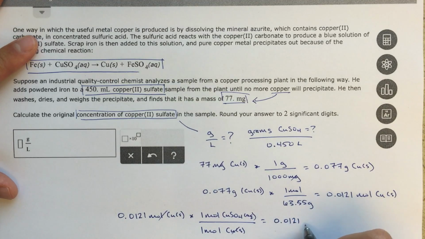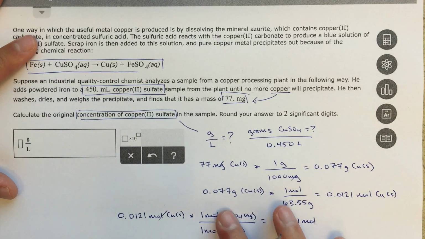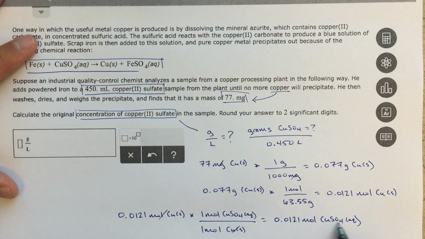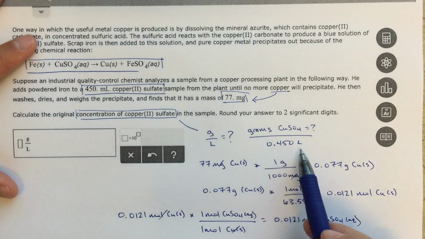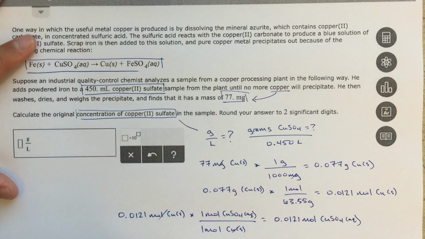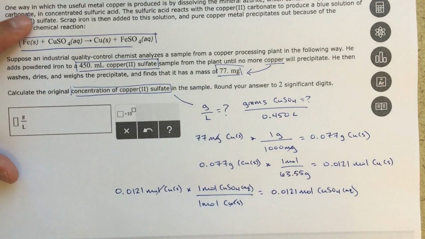This is an easier calculation because it's a 1-to-1 ratio. It won't always be 1-to-1, so you always want to make sure you're doing this step. So 0.0121 moles of copper sulfate. Typically, we would just take this number of moles and divide by the volume if we're looking for a molarity. Molarity is moles per liter. But in this case, ALEKS is asking for grams per liter, so I've got to do one more step.